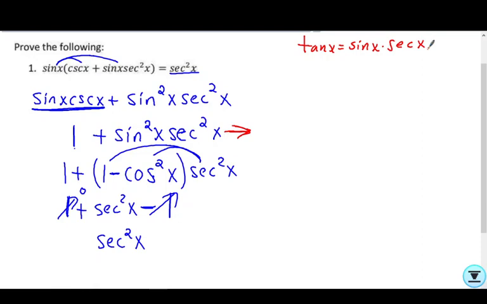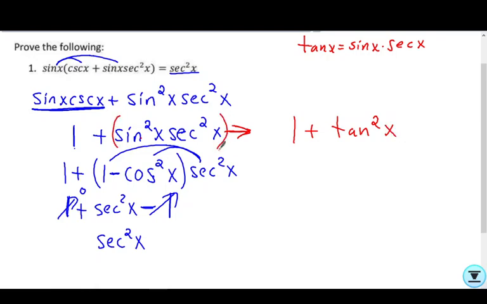That's something I did at the beginning in our notes, about how you rearrange identities. Since tangent is sine over cosine, and dividing by cosine is the same thing as multiplying by its reciprocal, I have written down tangent equals sine times secant. So right here, when I take sine times secant, that turns it into tangent squared x.